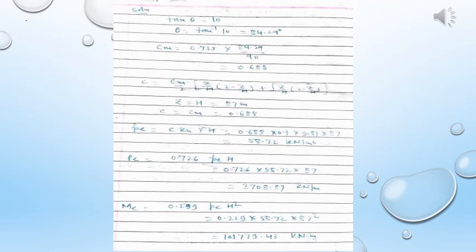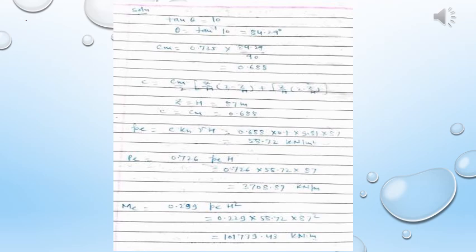Here the slope is given as 0.1 horizontal to 1 vertical, meaning 1 horizontal to 10 vertical. So theta is the angle the upstream face makes with the horizontal, so tan theta is equal to 10.